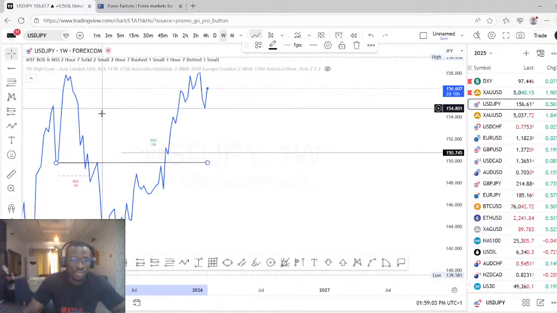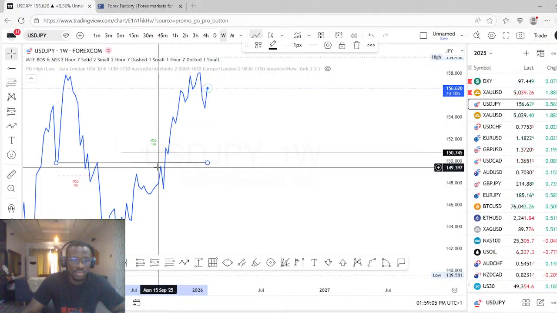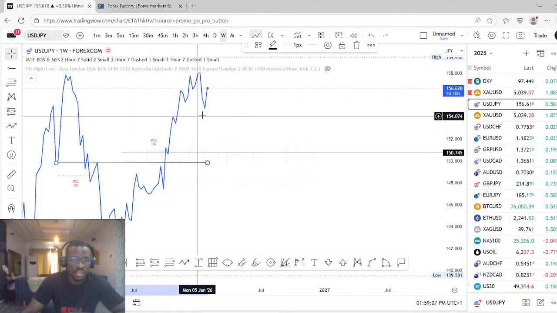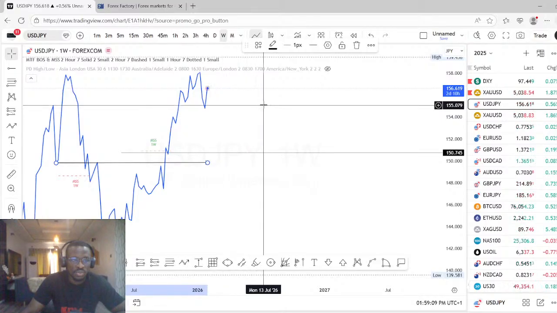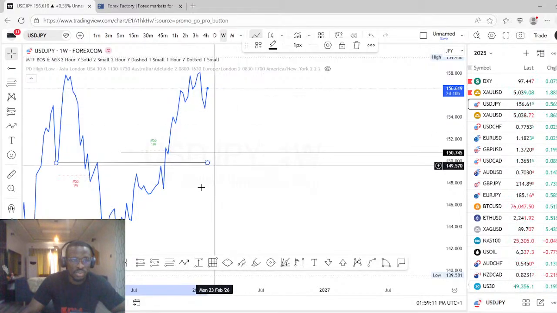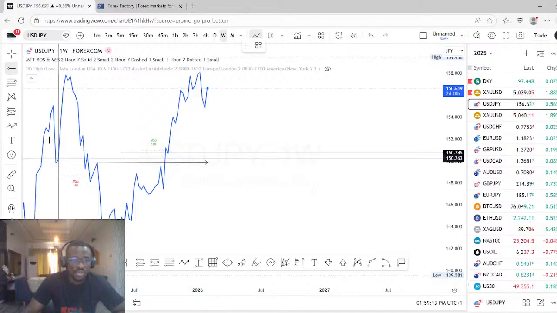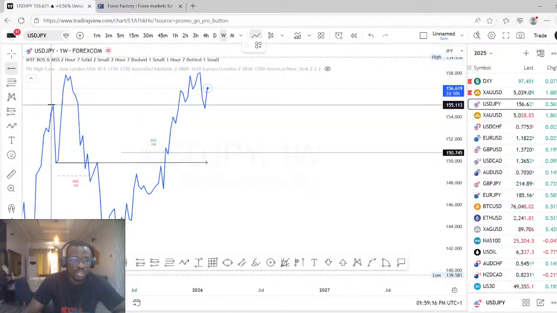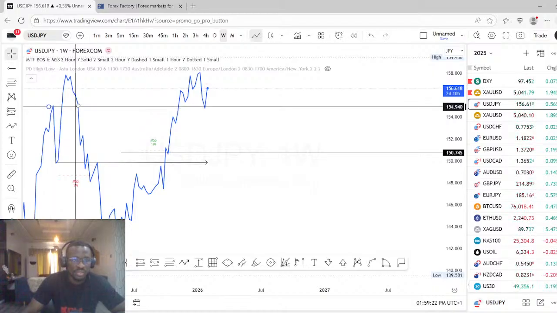So the market has always been forming what? Lower highs and lower lows, and so on and so forth. And this is also another critical point where the market came and did what? Tested severally.